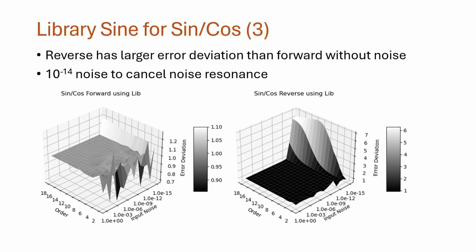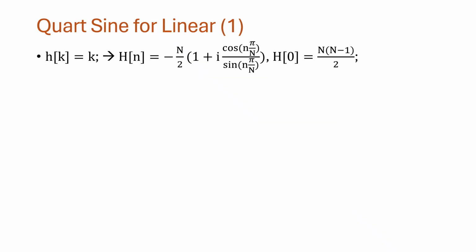But when we compare to the reverse, we can see the reverse error increases with the FFT order when the input noise approaches 0. This is 10 to the minus 17, 10 to the minus 16, 10 to the minus 15. So this also shows that the ideal coverage region in the reverse is smaller than the forward. Both are consistent with the error distribution.